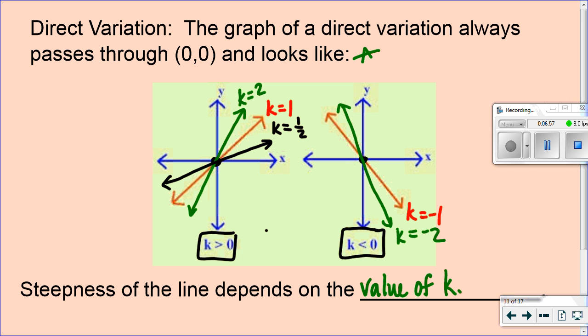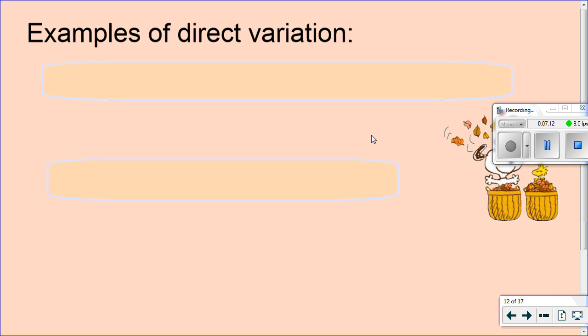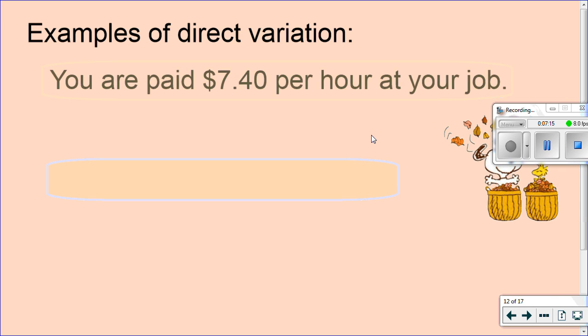And if I say K equals -1/2, my line becomes less steep. So the steepness of the line depends on that constant of variation. It depends on your K value.